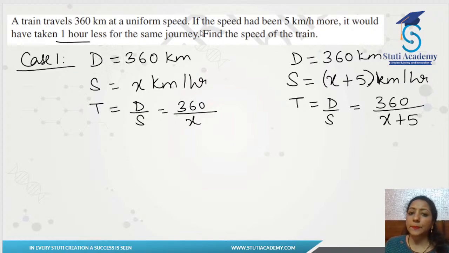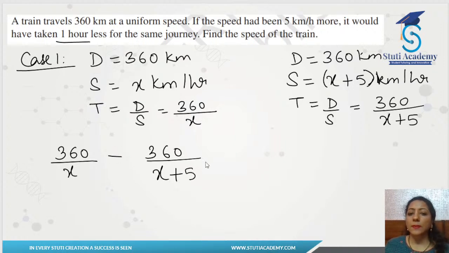Please read the statement. If the speed had been 5 km per hour more, it would have taken 1 hour less for the same journey. So this one is more time and here we have less time. So the bigger quantity minus the smaller quantity, we have the difference here that's already given to us, it's 1. Now we'll bring it down to a quadratic equation in one variable.